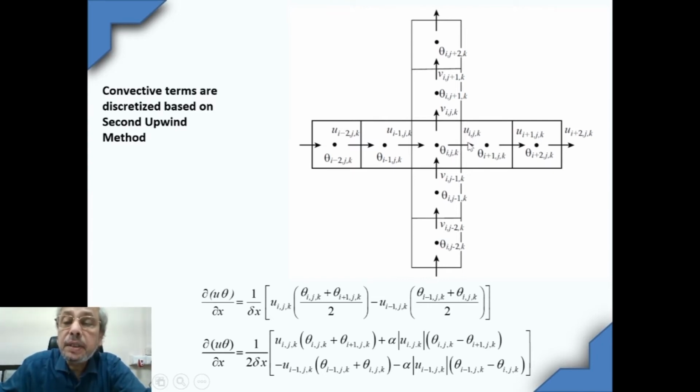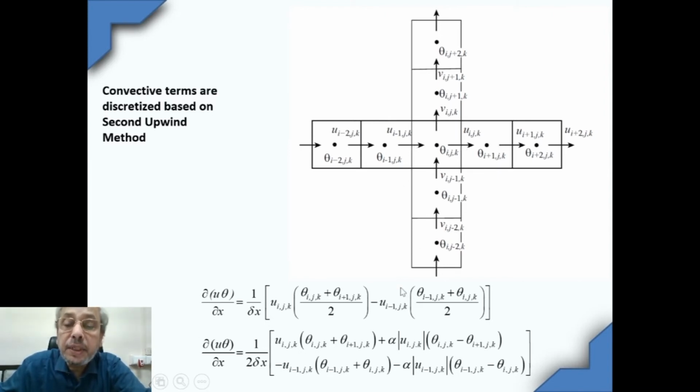U is defined here as uijk, and theta here will be theta ijk plus theta i plus 1 jk by 2. So we have written uijk into theta ijk plus theta i plus 1 jk by 2, minus u and theta here.